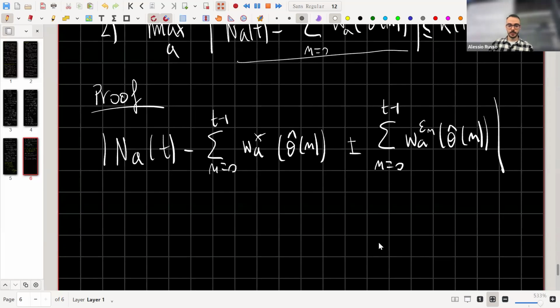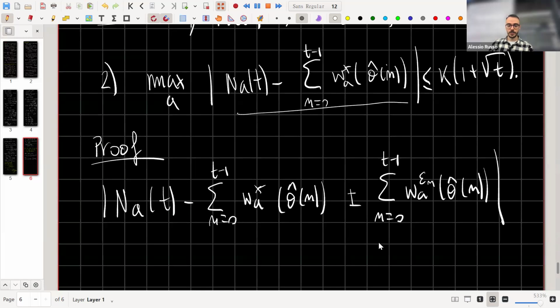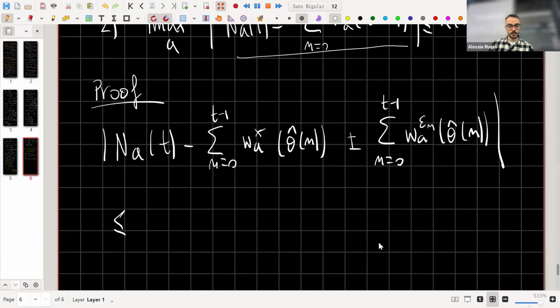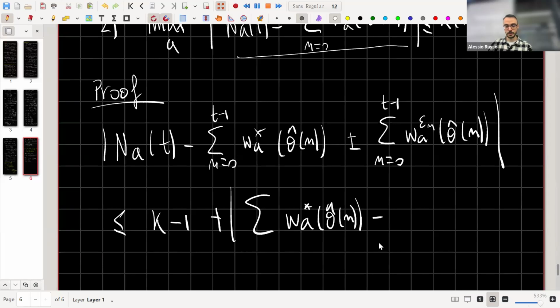We know that this quantity minus N A T is upper bounded by K minus 1. So we can apply the triangle inequality here to get K minus 1 plus the sum of the absolute value of W A star theta hat n minus W A epsilon n at theta n.